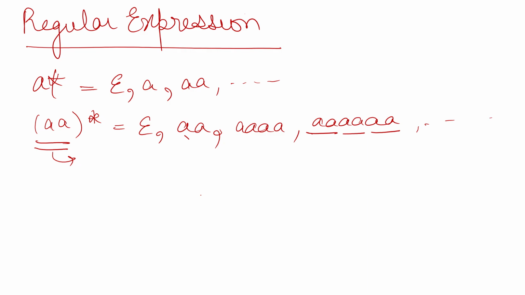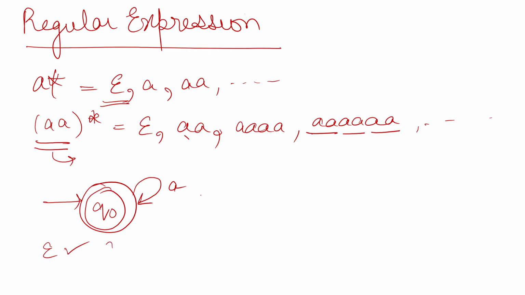So, now let's try to make the automata to get familiar with regular expressions. So, for a single A asterisk, what we do is we have a single Q naught. Now we can add a self loop here because if epsilon is accepted, that means nothing is also accepted. An empty string, what we call. So we have to place a self loop of a single A. So empty string accepted, single A accepted, double A accepted, and so on.